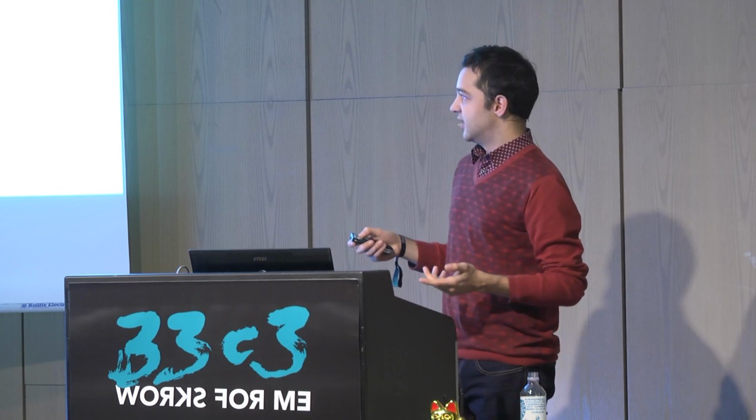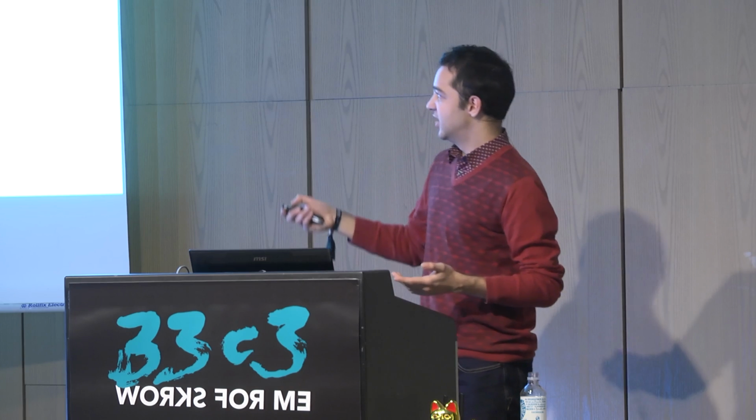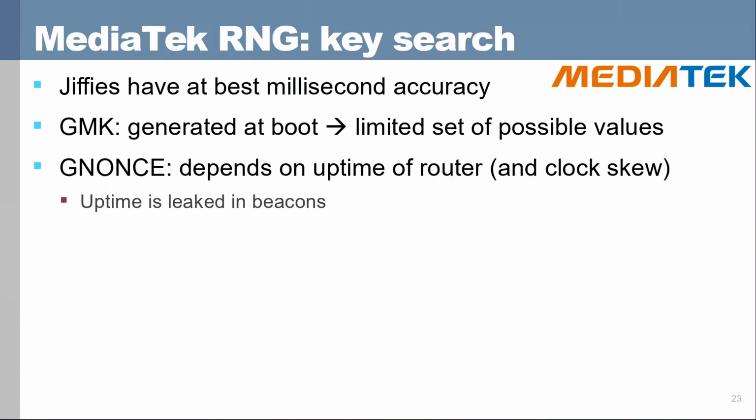Of course, if you run a different firmware version, then some other things might happen during the boot process, influencing the time when these jiffies values are collected. But if you know the implementation you are attacking, you have a very limited set of values. Then the second part is we have to predict this G-nonce value.